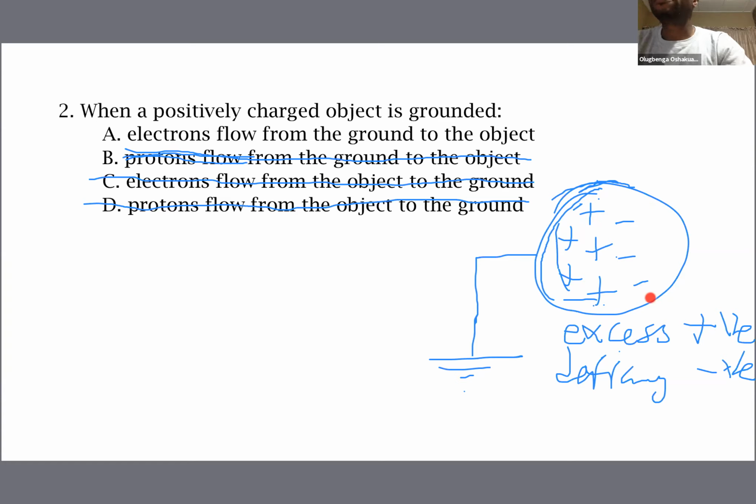So when a positively charged object is grounded, electrons will flow from the ground into the body so that the net positive charges in the body will reduce. Hence, we can say that the correct answer here is A, which is that electrons will flow from the ground to the object.